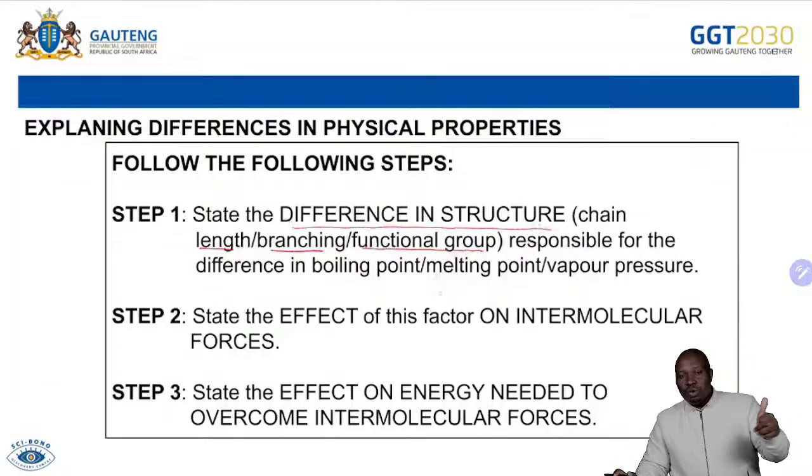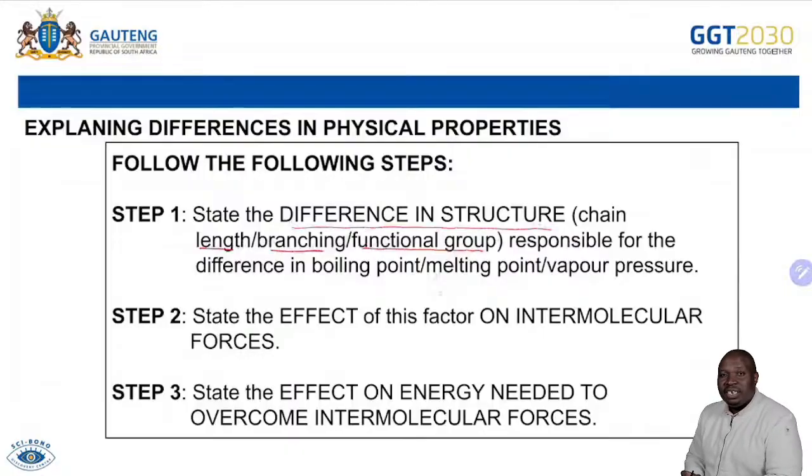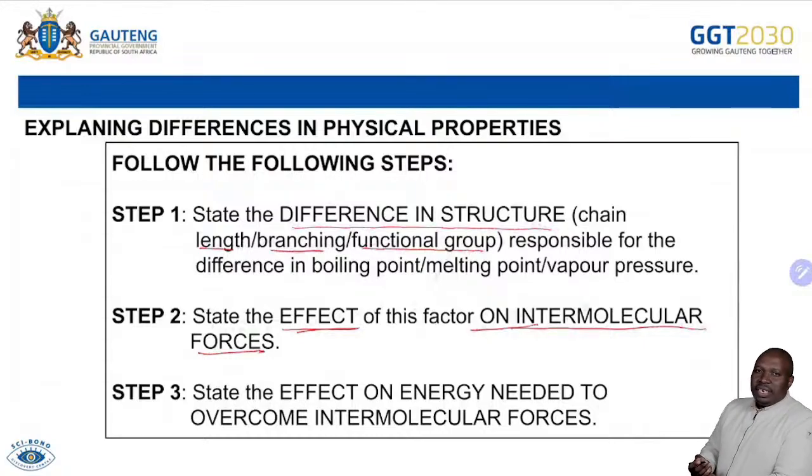So the first thing, you'll say what is changing, or what is the difference in structure. Number 2, you'll state the effect of this factor on the intermolecular forces. Does the change in chain length increase or decrease the strength of intermolecular force?